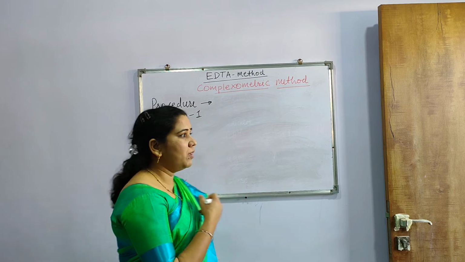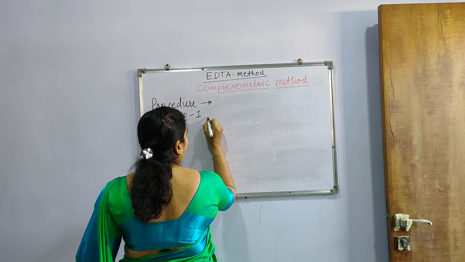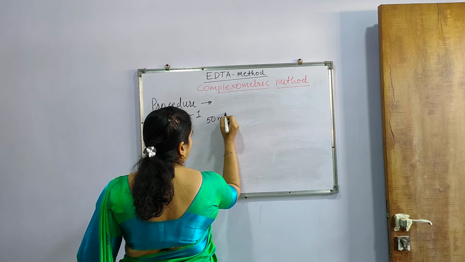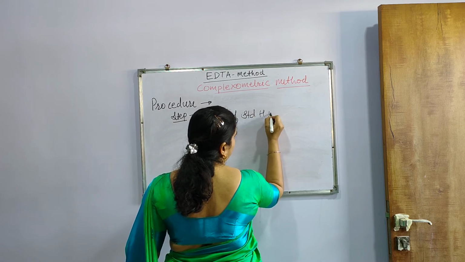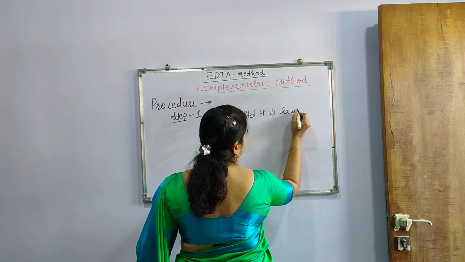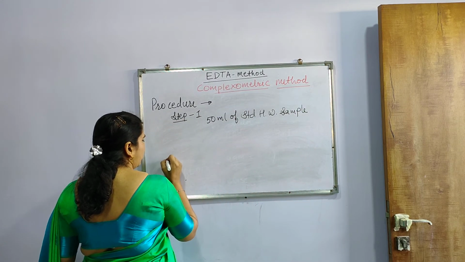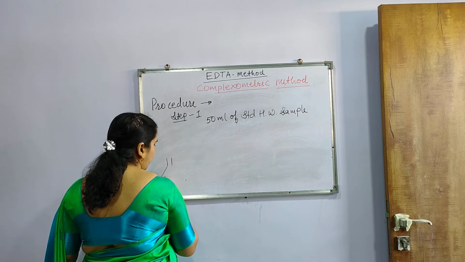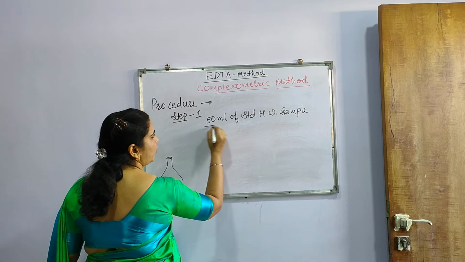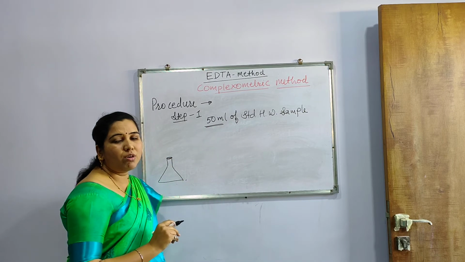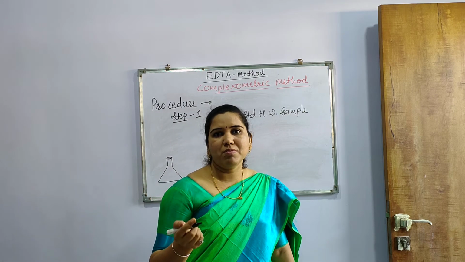which we have just prepared. So take 50 ml of standard hard water sample, in which we have added CaCO3. Here we will draw the structure of a conical flask like this, in which first of all we have to add 50 ml of standard hard water sample with the help of a 50 ml pipette, or sometimes by measuring cylinder.